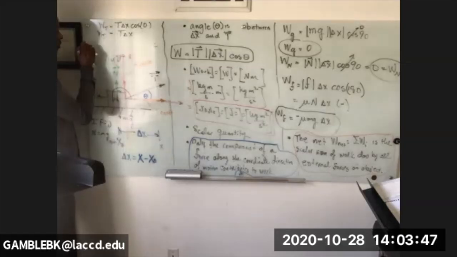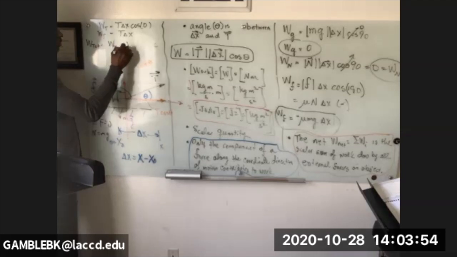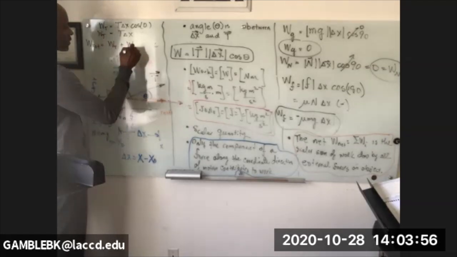So then the total work is the work done by tension plus the work done by friction.